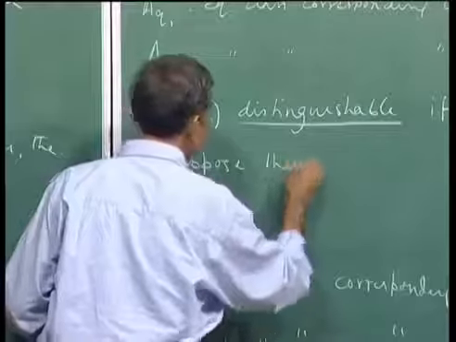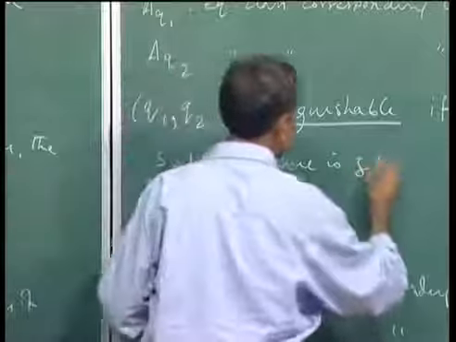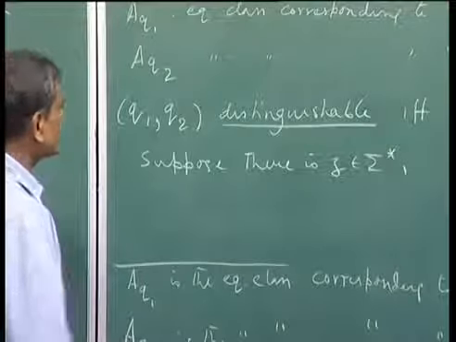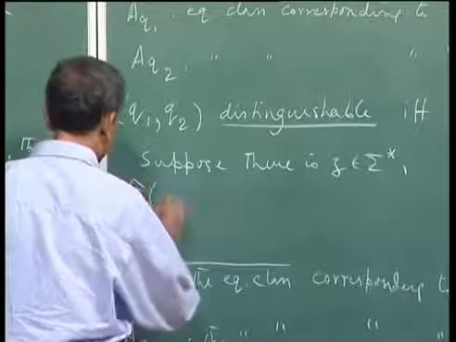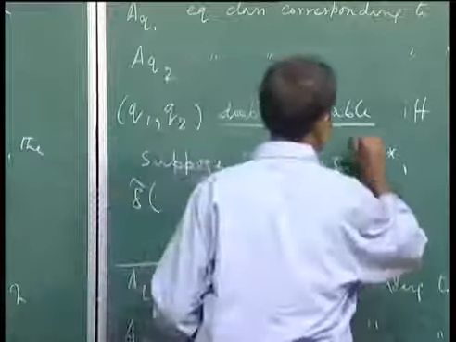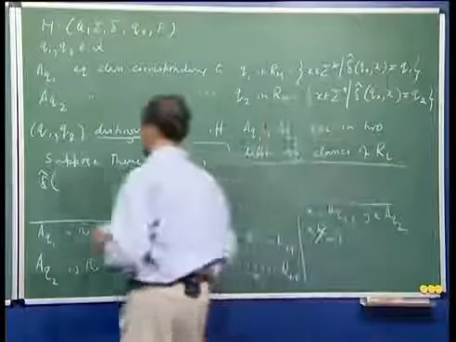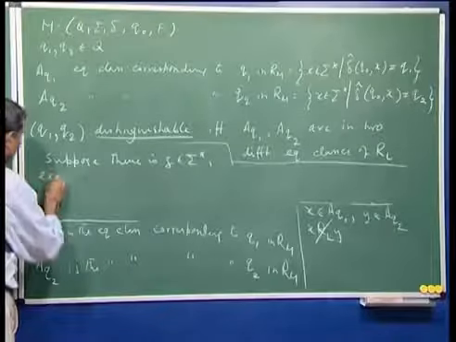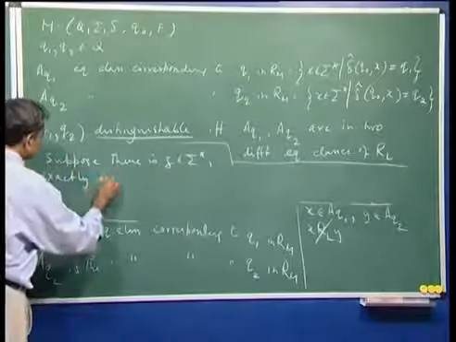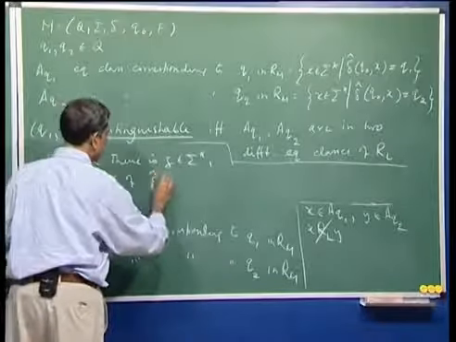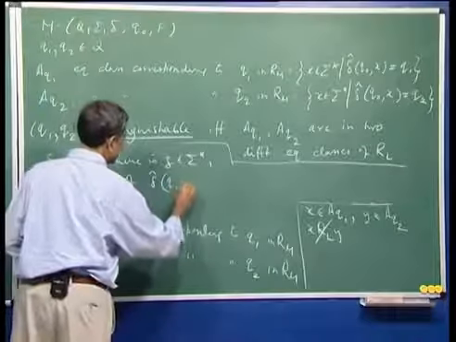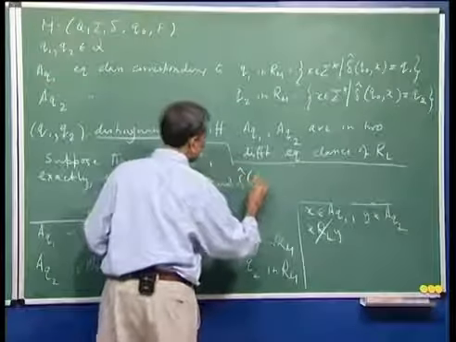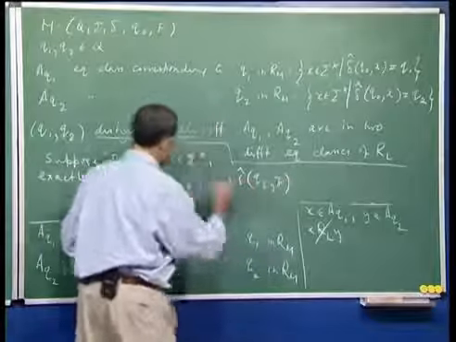Look at it this way: suppose there is some string z such that exactly one of delta hat of Q1, z and delta hat of Q2, z is in F. Remember, these two will be two states.